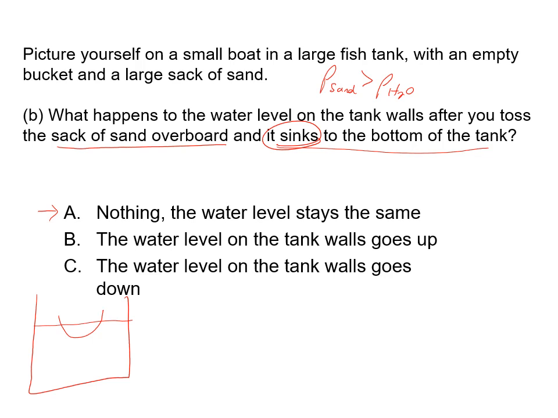So when it's in the water, the volume that is displaced by the sand is exactly equal to the volume of the sand, because it can't be anything different than that. Okay? But when it's in the boat, okay, the sand is floating.